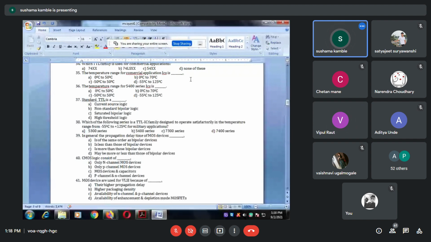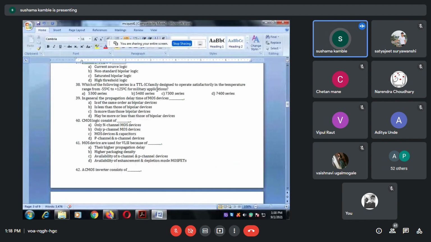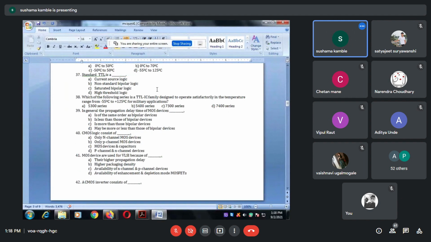अभी यहाँ पे स्पेसिफिक पूछा है कि टेम्परेचर रेंज फॉर 500 सीरीज ICs is as per previous syllabus. Standard TTL is a current source logic, non-saturated bipolar logic, non-standard bipolar logic, high threshold logic.